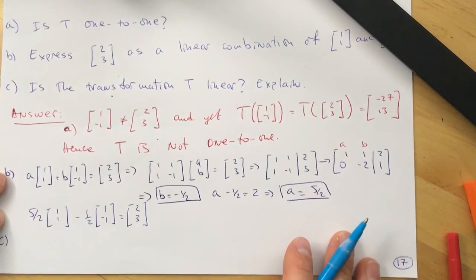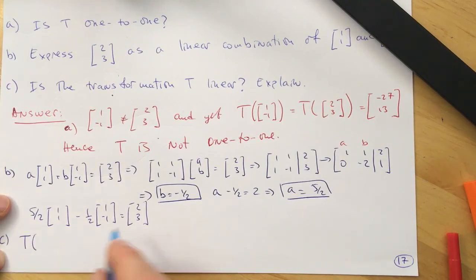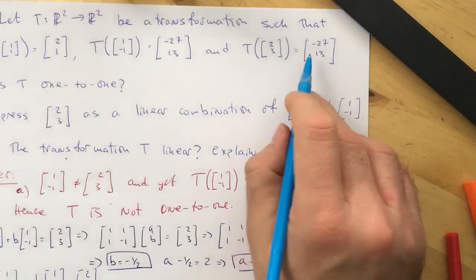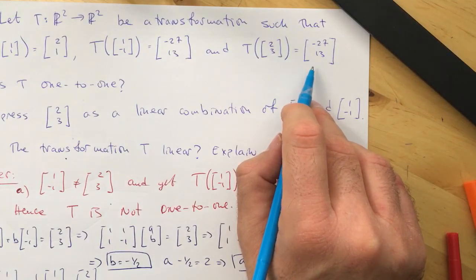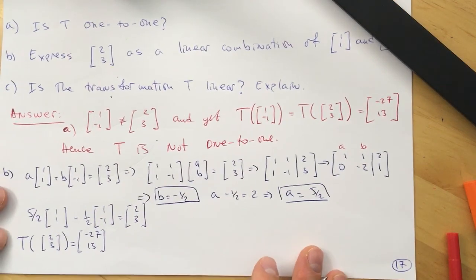Okay, I know that T of the vector 2, 3 is given as negative 27, 13.